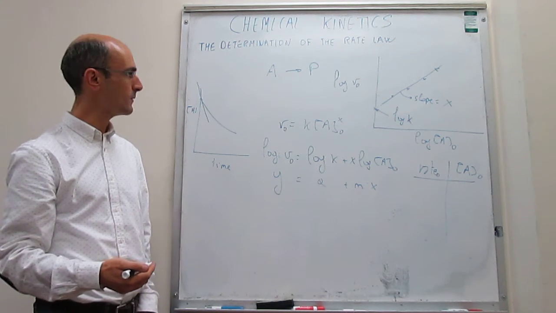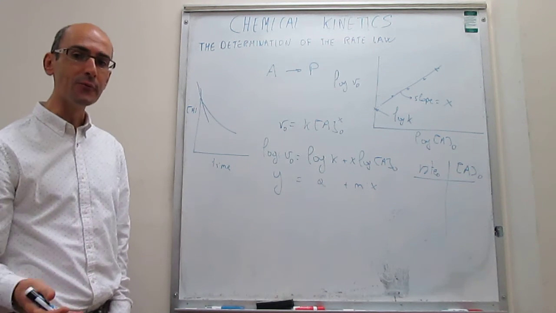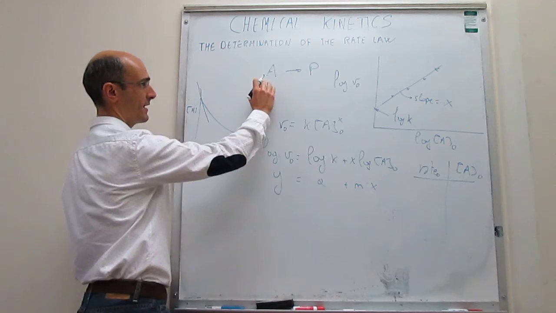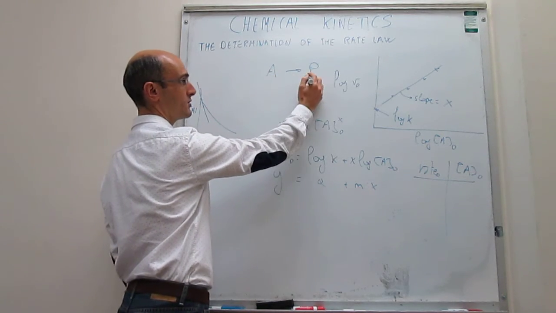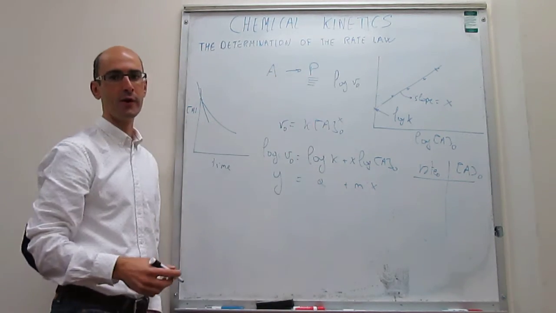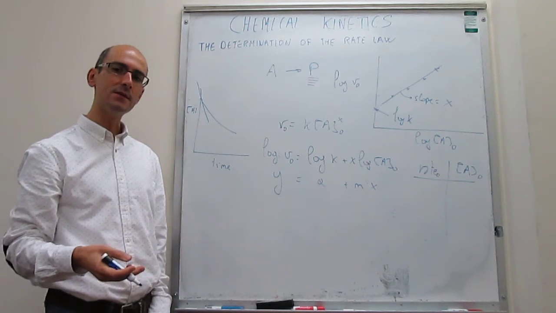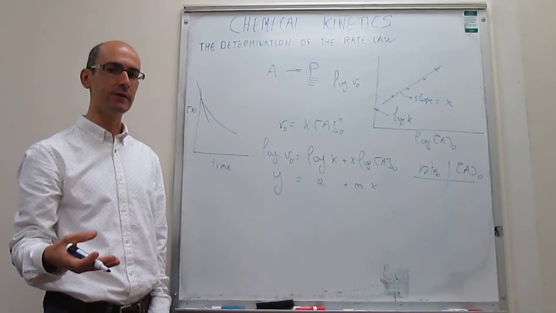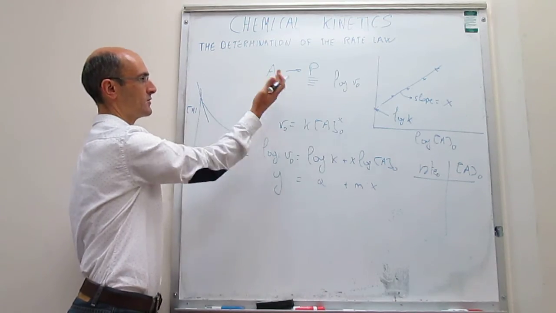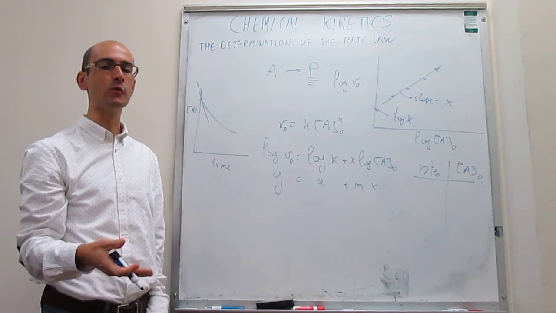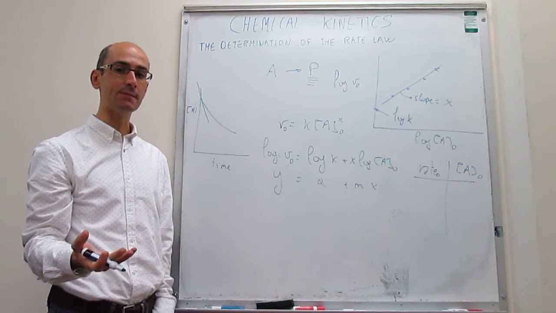Okay. Now, another more important reason is that at the start of the reaction, you actually have very little product available, and sometimes products interfere with the determination of A. So suppose that you're trying to determine the concentration of your reagent using UV spectroscopy.